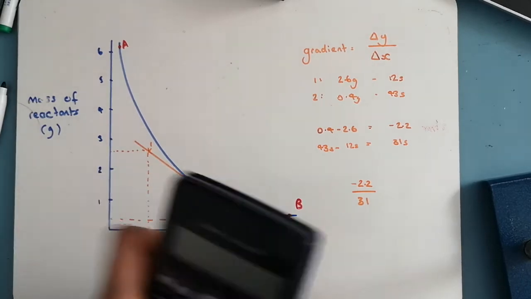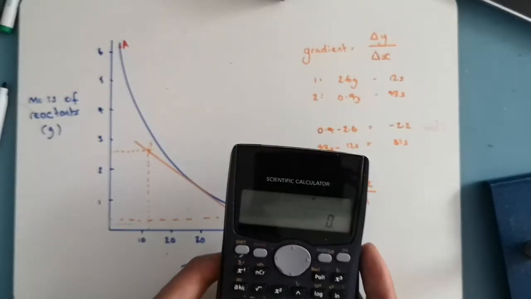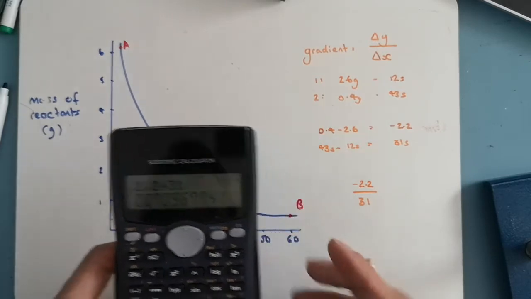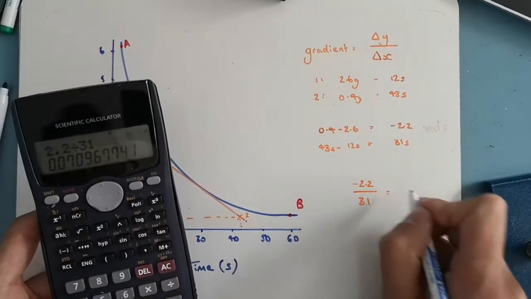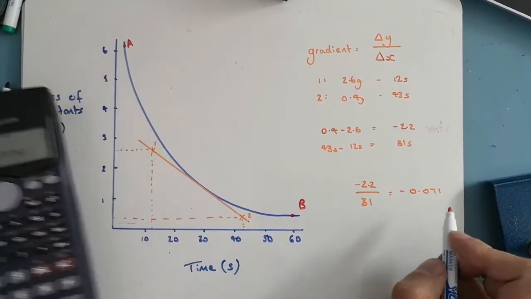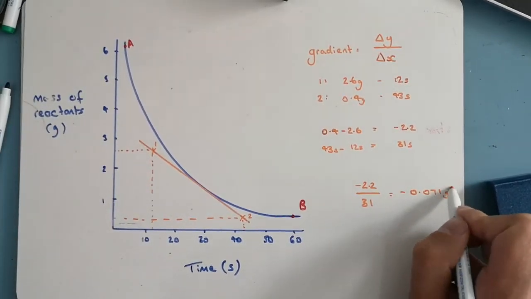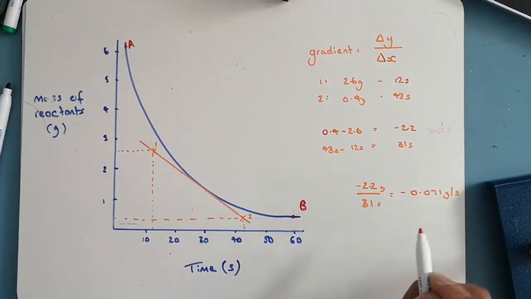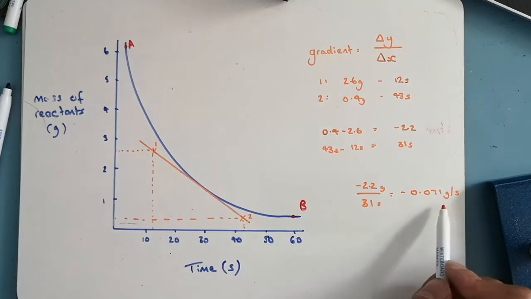If I put that into my calculator, 2.2 divided by 31 equals minus 0.071. Units of this will be grams per second. We've done up here, units here, grams, seconds there, so grams divided by seconds as the unit.